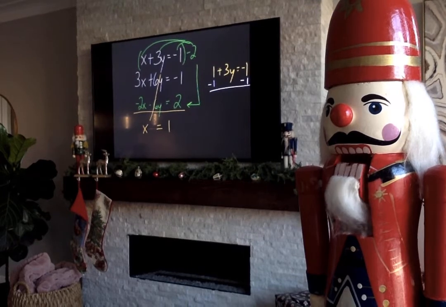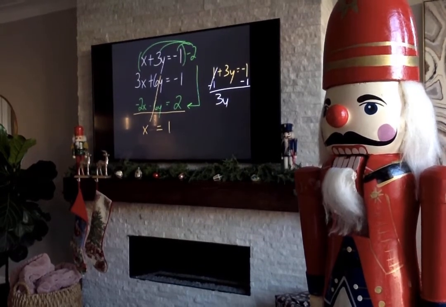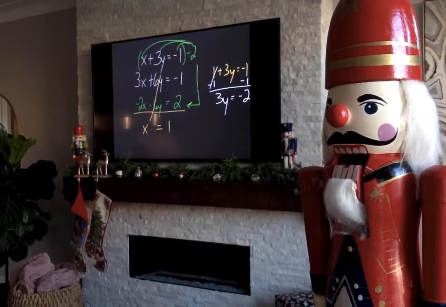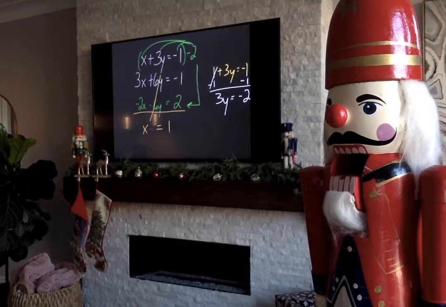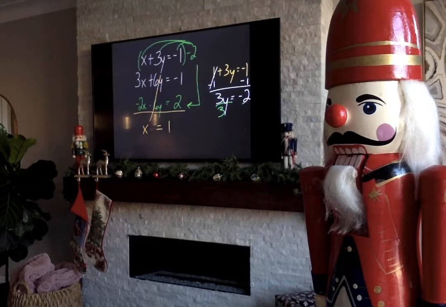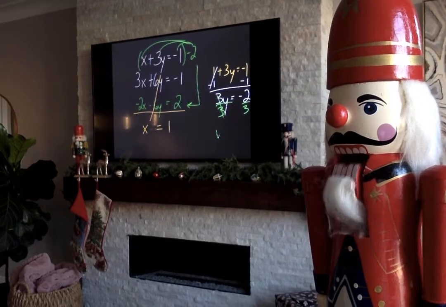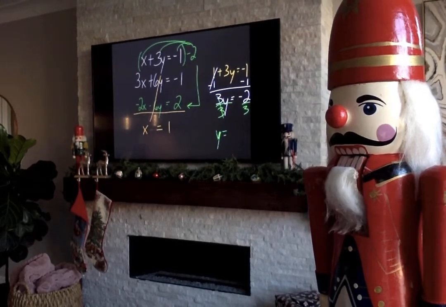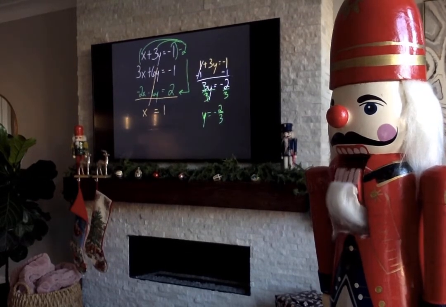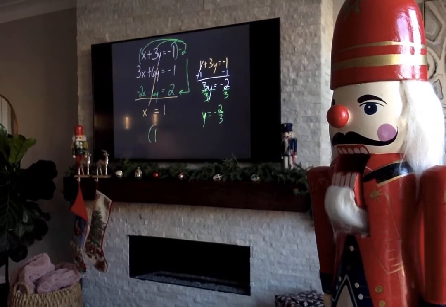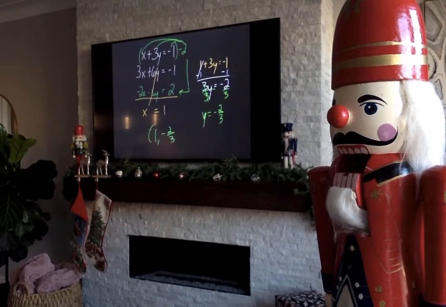So subtract 1 from both sides. 3y equals -2. Divide both sides by 3. And we will get y equals -2/3. Now, we said we always want to have our answers as an ordered pair.